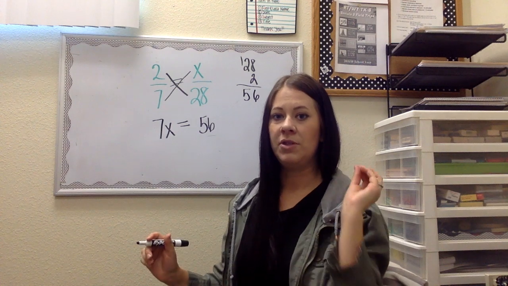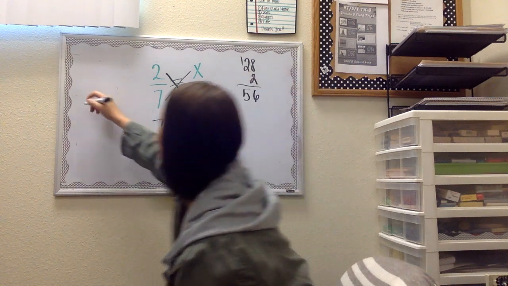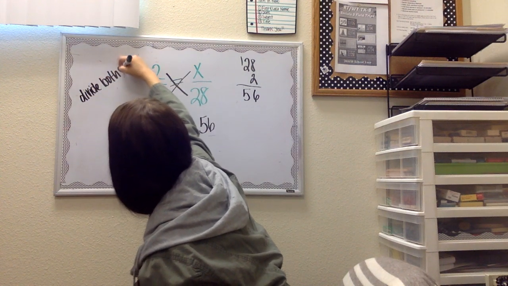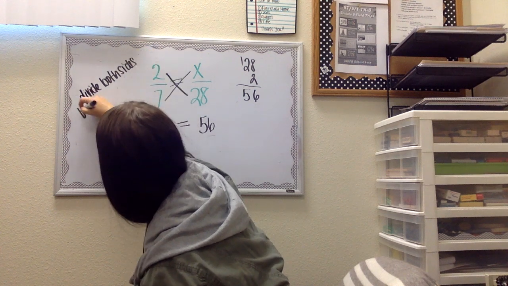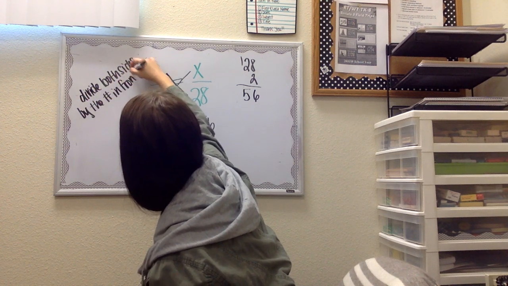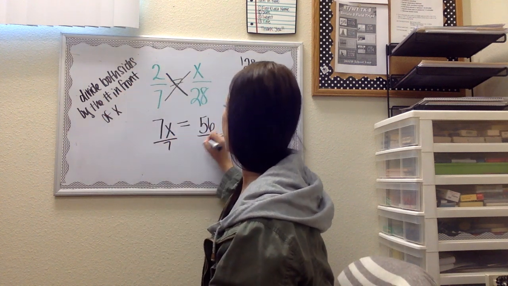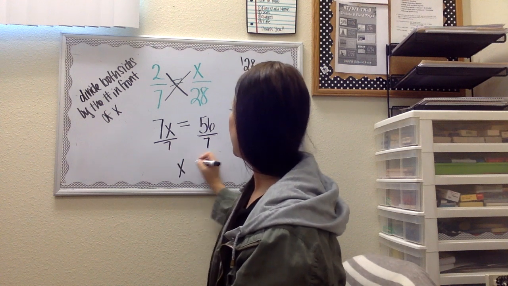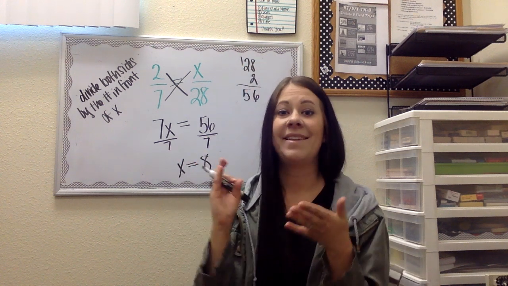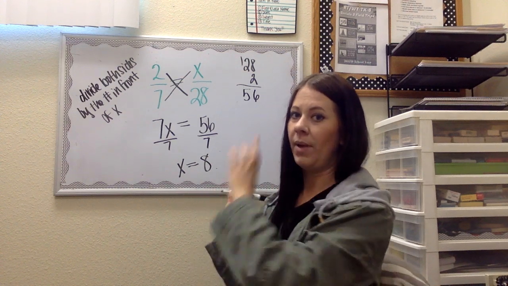So what you do is you divide both sides by the number in front of x. Let's write that down. Divide both sides by the number in front of x. So you divide by 7, and we see x equals 8. Okay, so we got the same answer, but when the numbers get harder, this might be the way to go.